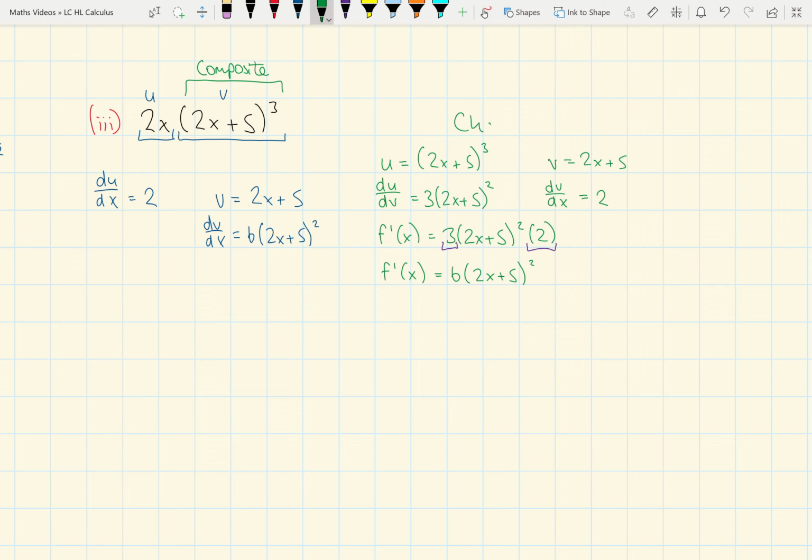Now I'm good to go. So here was my chain rule. So it's possible to have multiple rules within the one question. So back to our product rule, which was f dash of x is equal to u times dv dx plus v times du dx.